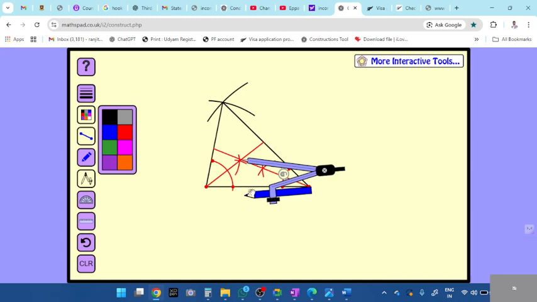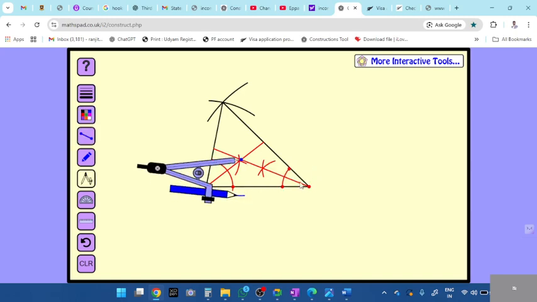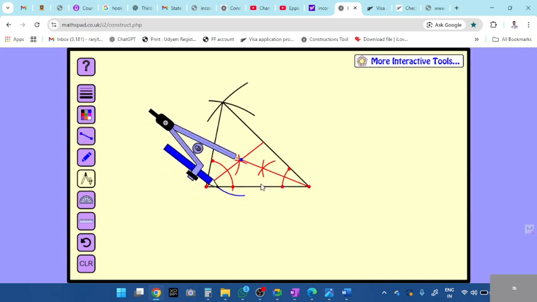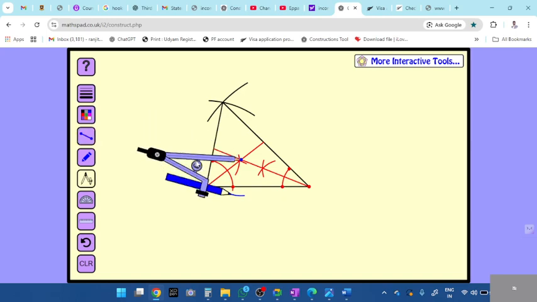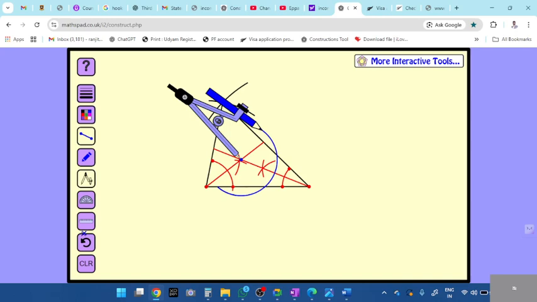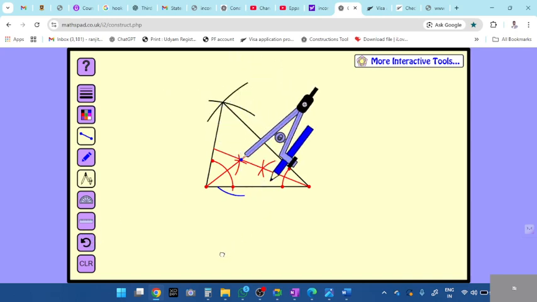Increase the length a little. Make sure it touches both sides of the line, like this. If you take the same length, it won't touch, students. So it has to touch like this. I've increased the length.